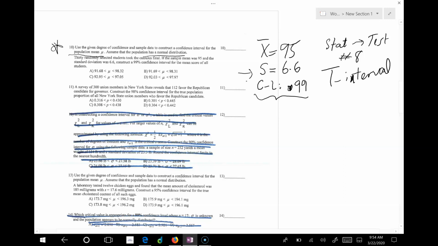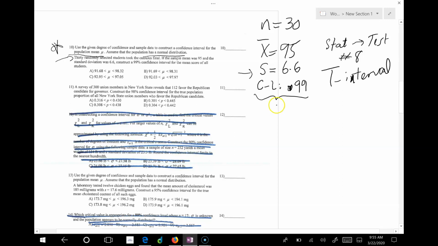So all you need is just to enter the values you have. X bar is 95, S is 6.6, N is the number of randomly selected students, and it was 30, so just note yourself that N is 30. So then you put N equal to 30 with 99%, 0.99, and here is the interval.